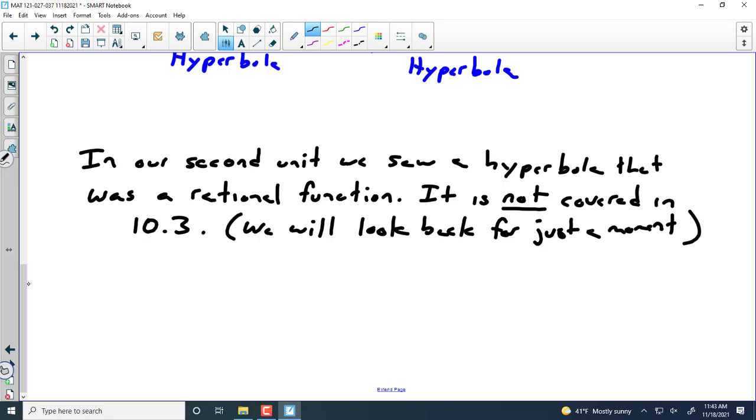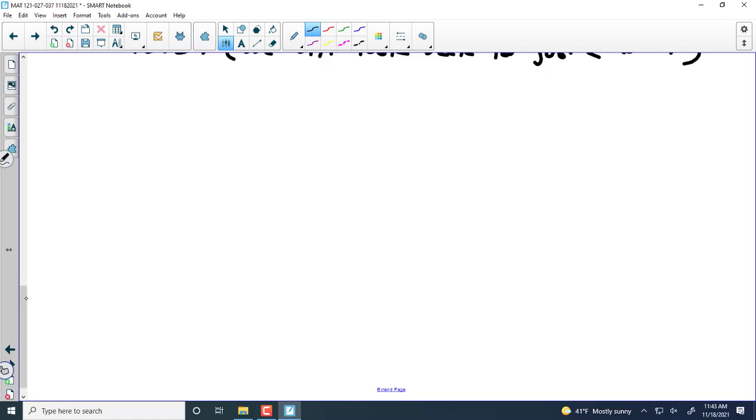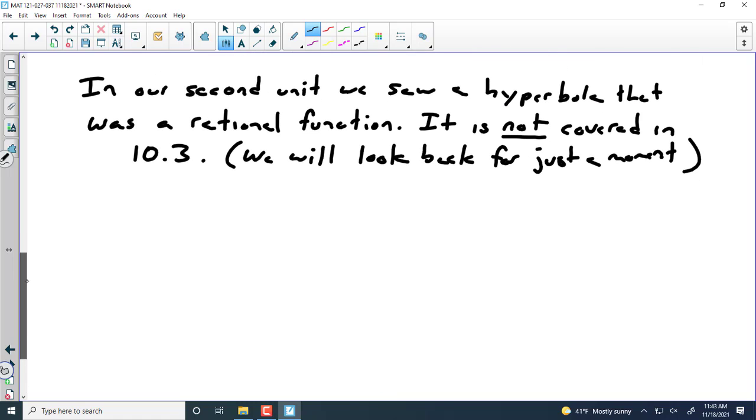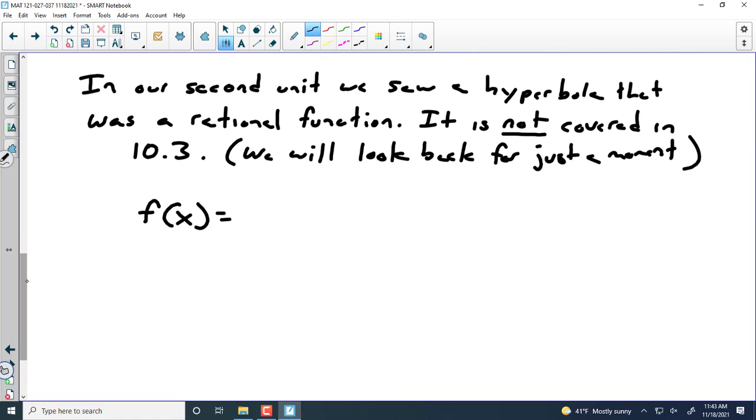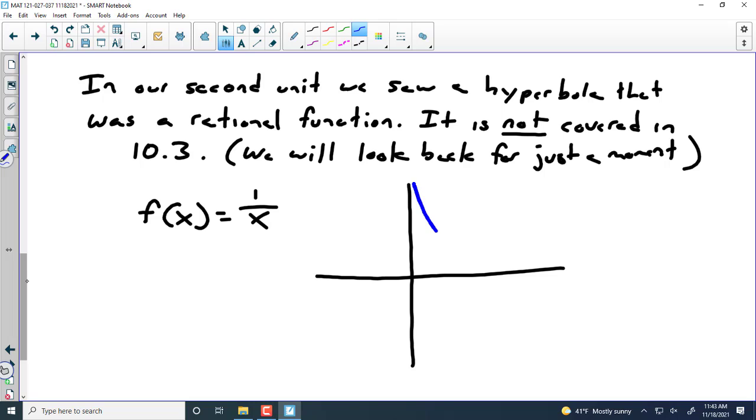We actually have seen a hyperbola in this class before, and we have drawn a hyperbola, and a hyperbola actually showed up on one of your tests, but I never called it a hyperbola. But this hyperbola is a function, and therefore we do not talk about it in this unit, except to say that we remember it.